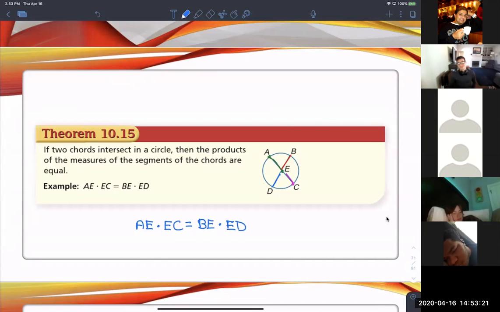And that's your relationship. Because of this, you're going to get a lot of equations that are quadratic in nature, so you may need to solve via factoring or using the quadratic formula.